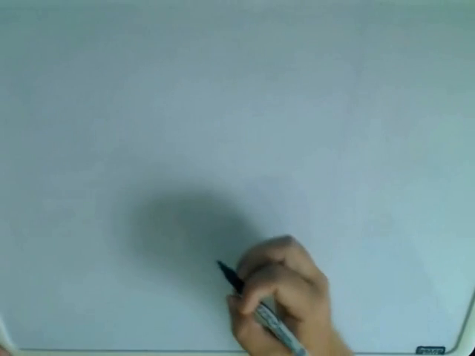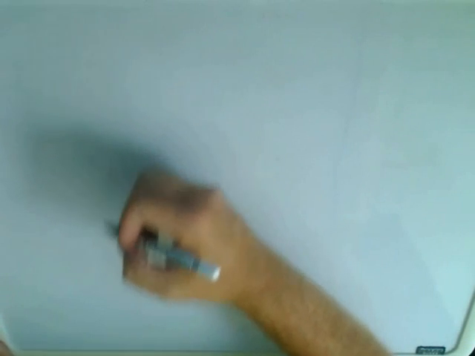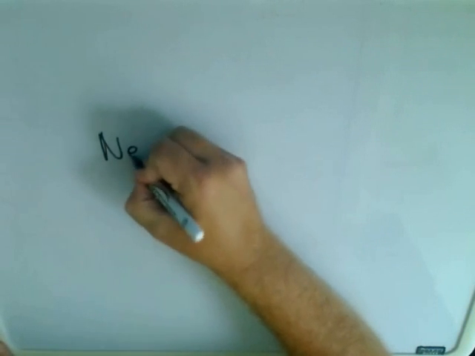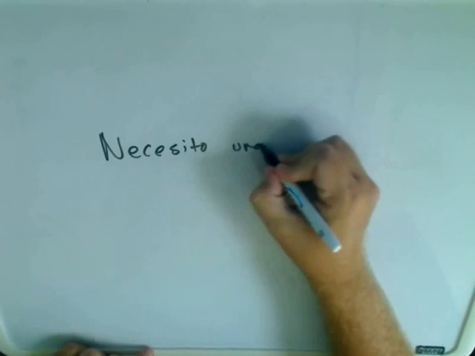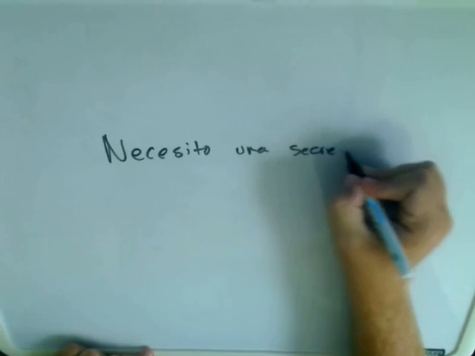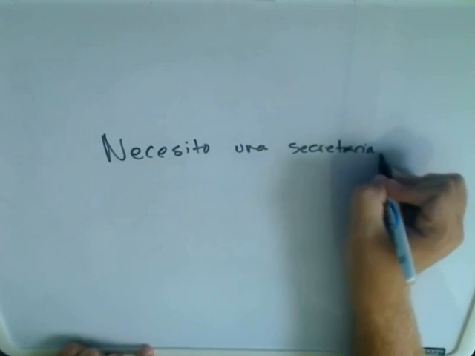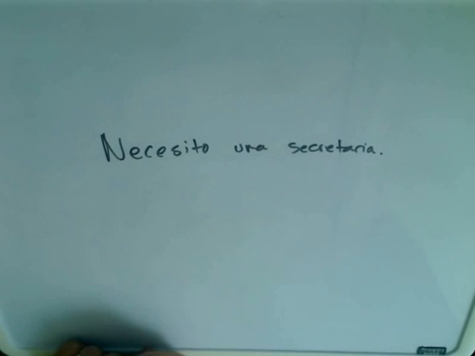And then finally, remember that it's not used with objects in general or with unspecified persons. So if I just want to say, I need a secretary, necesito una secretaria. I'm not referring to any person in particular, right?